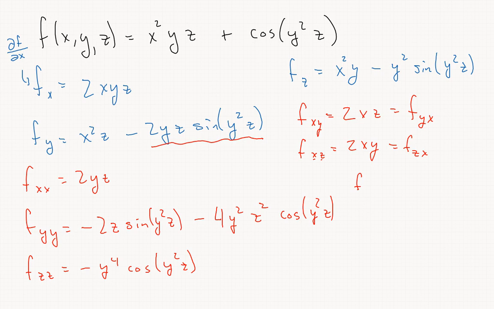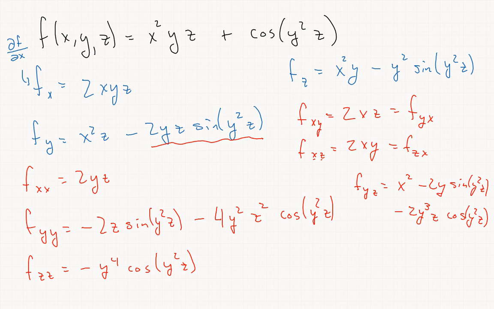Or let's do fyz, this will be x squared. Then now we have to use the chain rule again, so minus 2y sine y squared z, and then minus, that'll be, I guess, 2y cubed z cos y squared z.